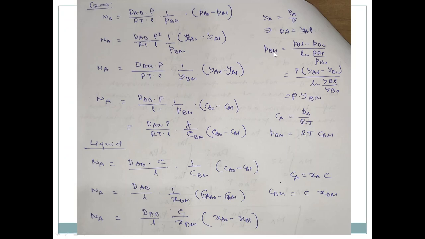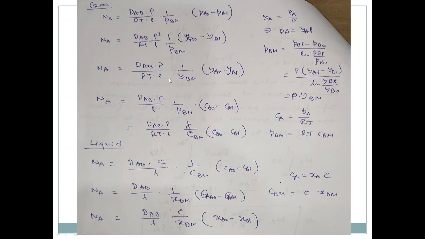So PBM will be, if you see, PBL minus PB0 divided by ln PBL by PB0. So PBL will be P, only P will multiply, it will be multiplied, P into YBL minus YB0, ln YBL by YB0, P will be cancelled out. That's PBM equal to P into YBM.